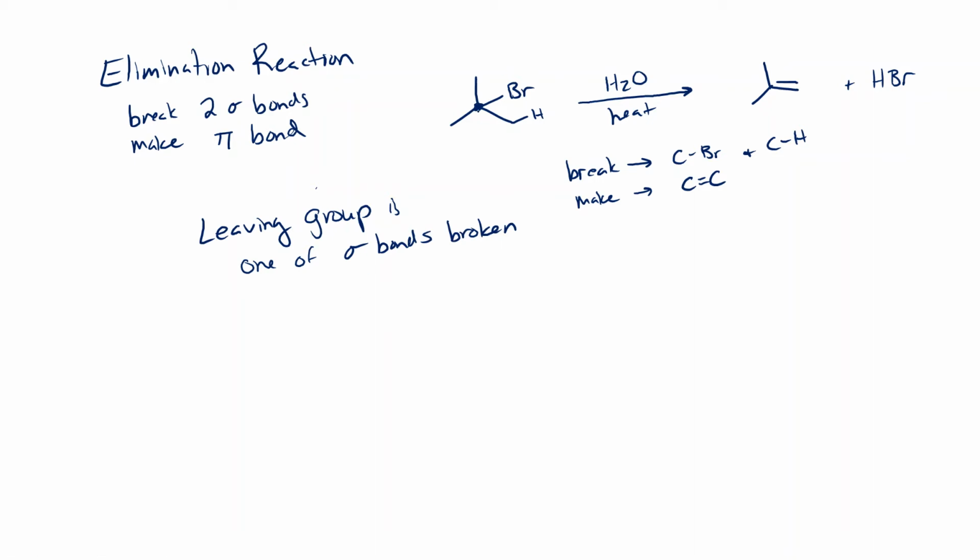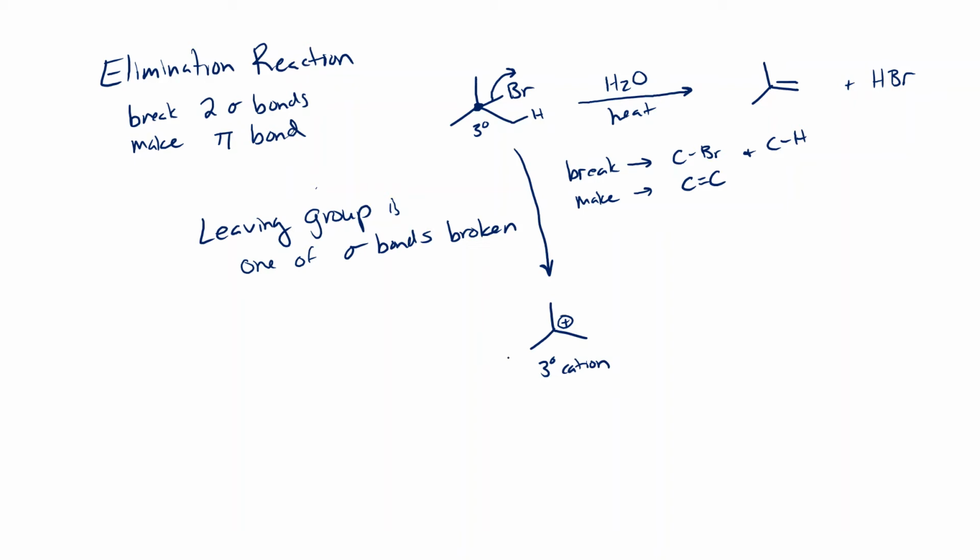We look at this and say, okay, this is a tertiary carbon. If we use the same rules that we used in SN2 and SN1, our leaving group is going to leave, and we're going to make a carbocation. So we make a tertiary carbocation here.